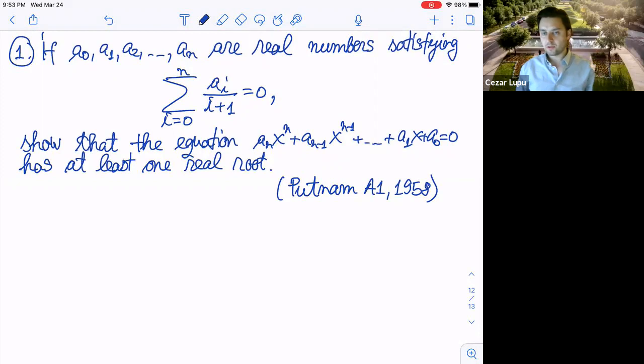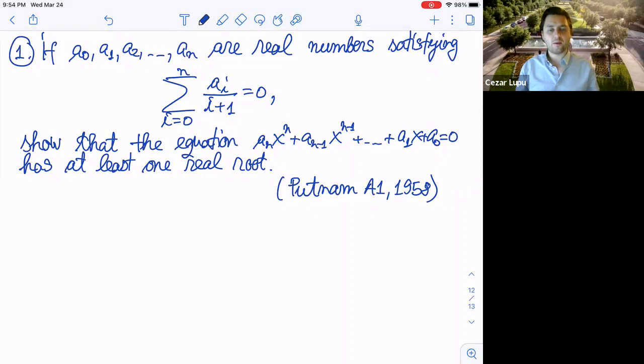This problem was given in the so-called Cambridge Mathematical Tripos, the old exams in Cambridge University, and one of Hardy's favorite exam problems from 1929, in fact. But also, like I said, this was a Putnam A1 in 1958.